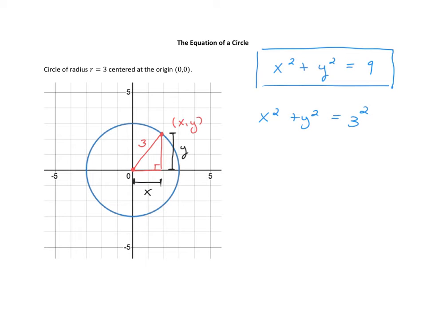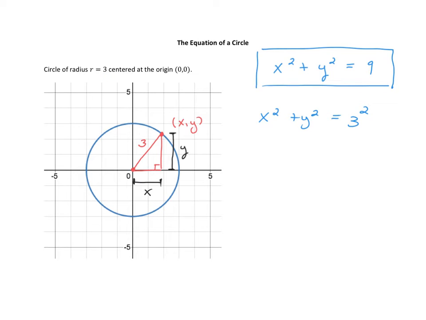It is very easy to generalize this to any circle whose center is at the origin. The only thing that would change is if I picked a different radius. Like I could have said, what if the radius was 4 or 5 or 6 or really any number? If the center is at the origin, the only thing that's going to change is, instead of putting a 3 here, you would put a 4 if you wanted a circle of radius 4, and so on.